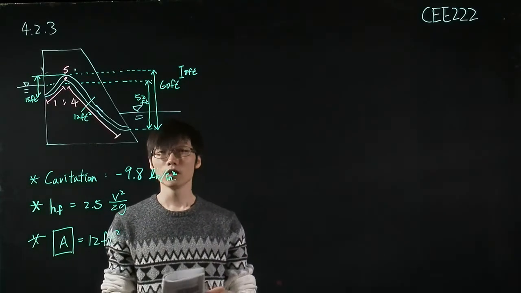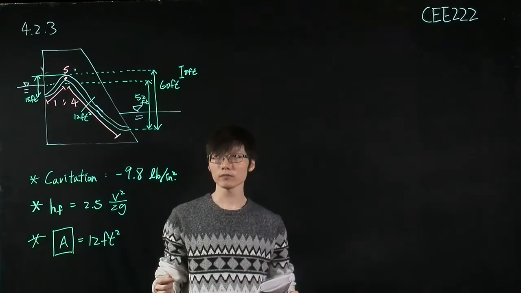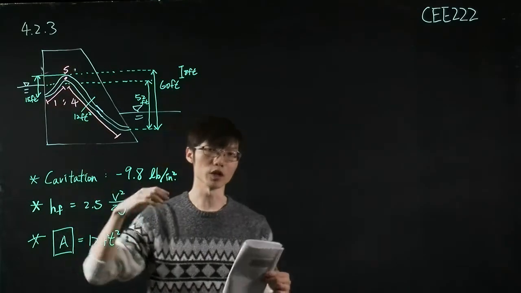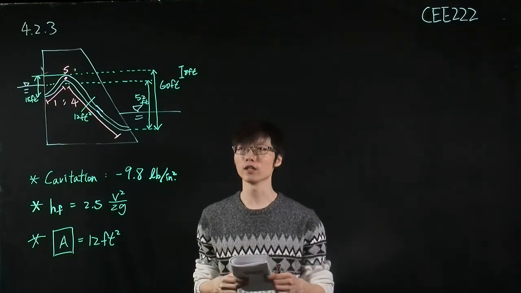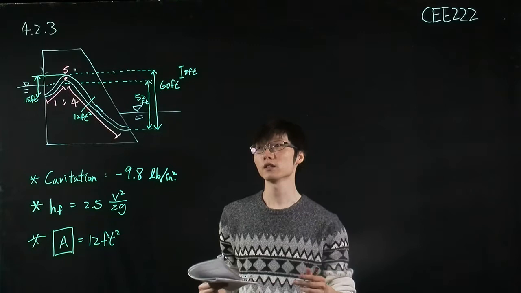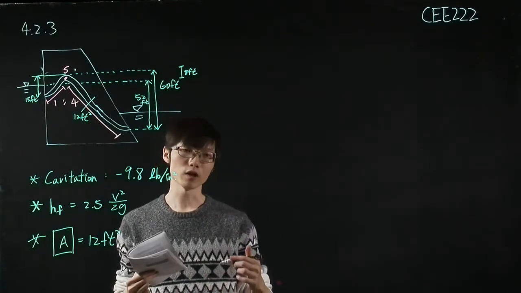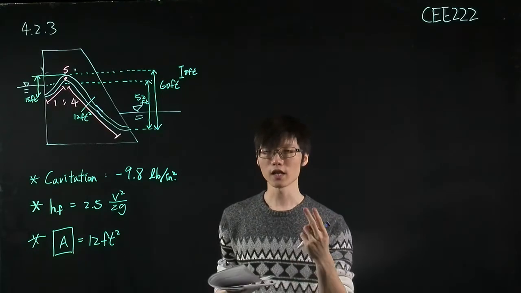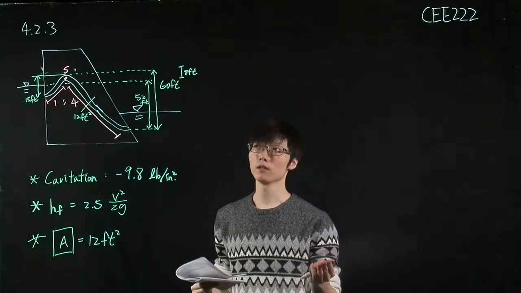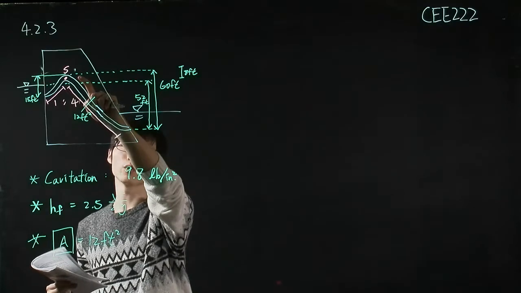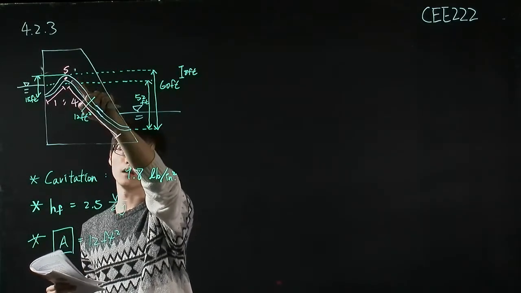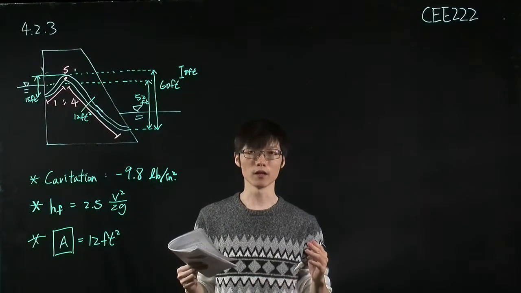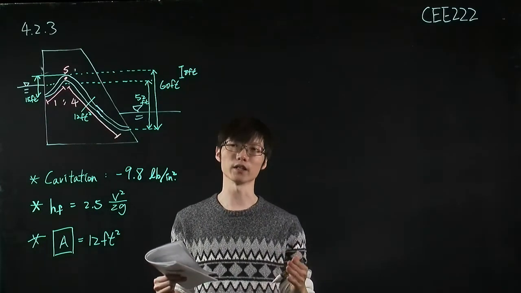In order to solve for the pressure at this point, we will need to use the energy equation. But the energy equation has the height, pressure, and velocity terms. At this summit, we only know the height, and we don't know the velocity, nor the pressure.